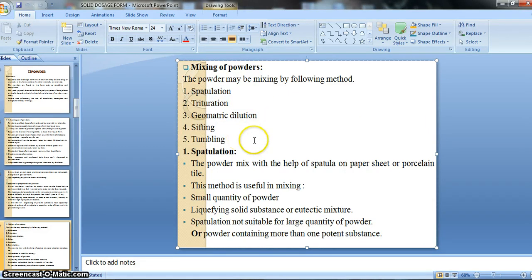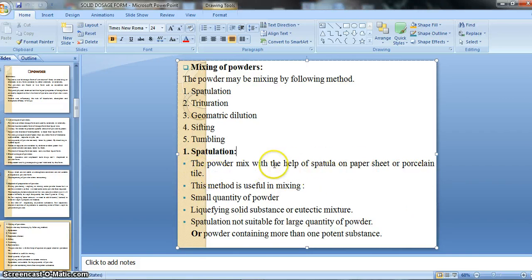So let's see one by one. The first is spatulation. Its name itself indicates the spatula. You are familiar with this, you are a pharma student. With the help of a spatula, the ingredients needed to prepare a powder are mixed on a paper sheet or porcelain tile.